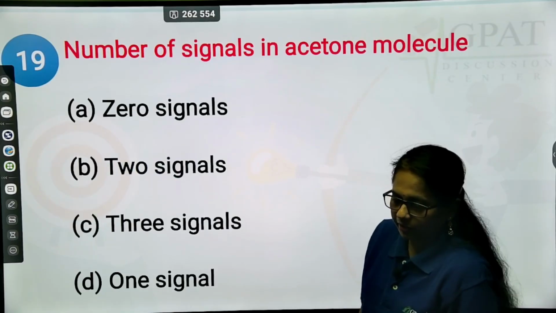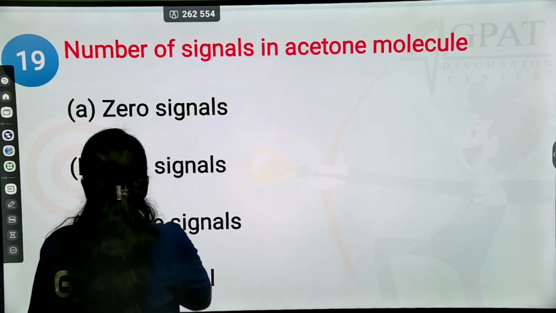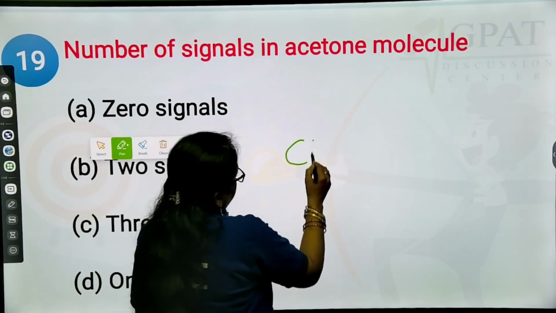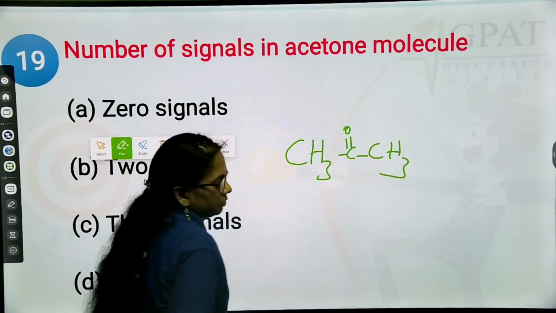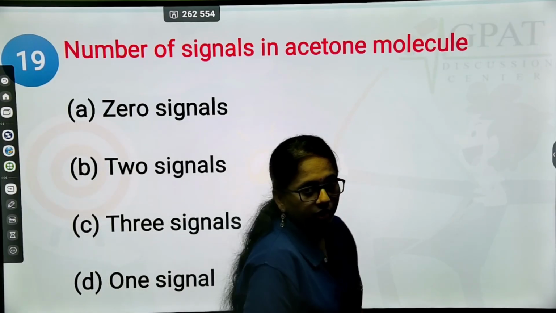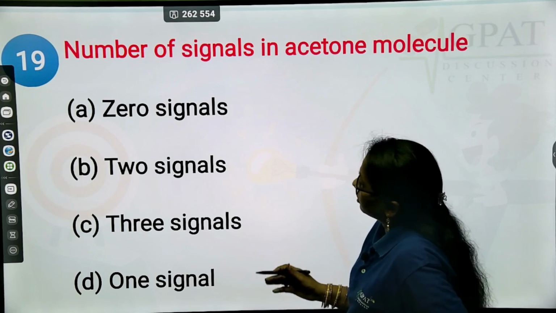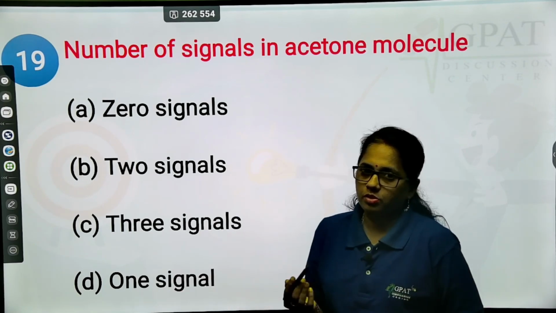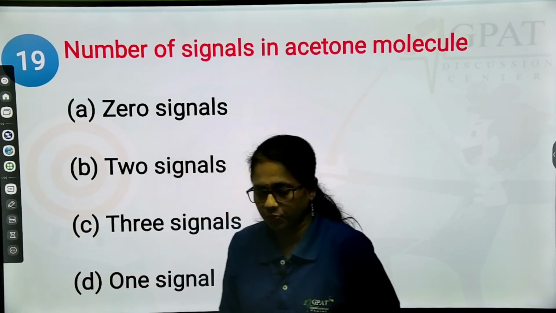Next, last but one, number of signals in the acetone molecule. Okay, so if you observe the structure of acetone, CH3COCH3, that is the chemical structure, because of non-equivalent protons we are going to get different signals, and the positions of the hydrogens we will come to know.